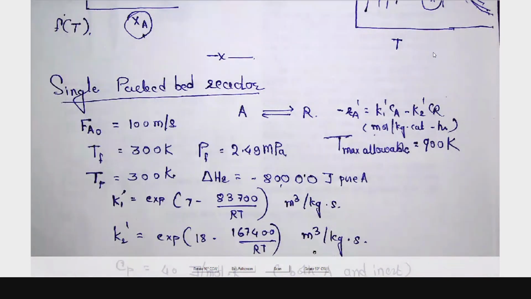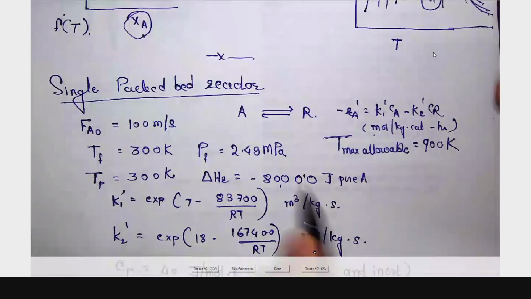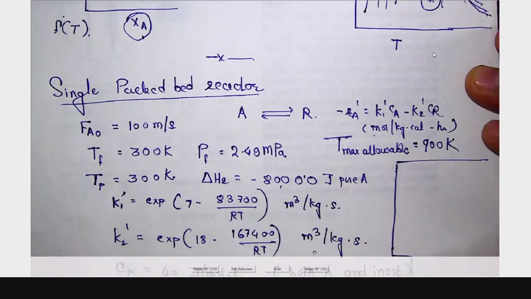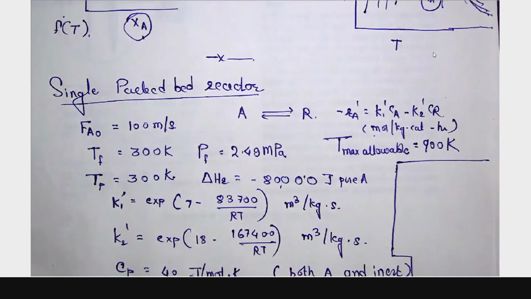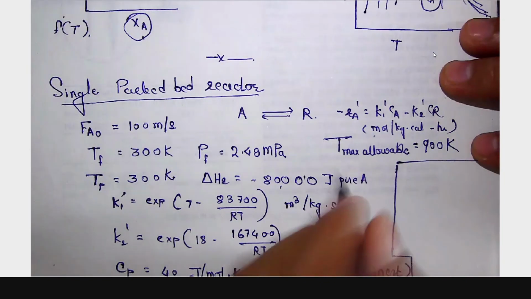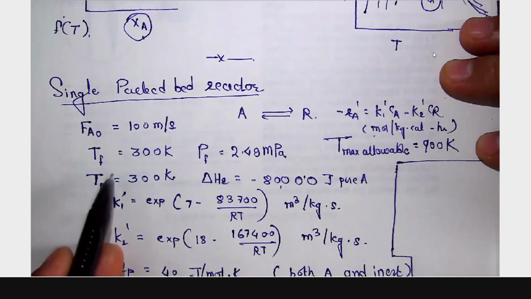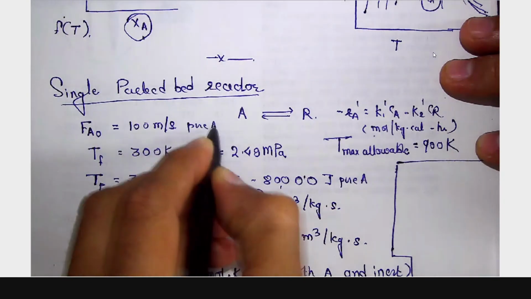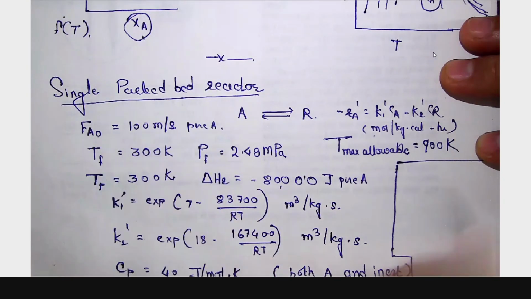Now, based on this data, we have to perform the design calculations. That means finally the heat requirement for cooling, heating, etc., and the weight of the catalyst with changing the feed. Here it was mentioned for pure A, FA0.